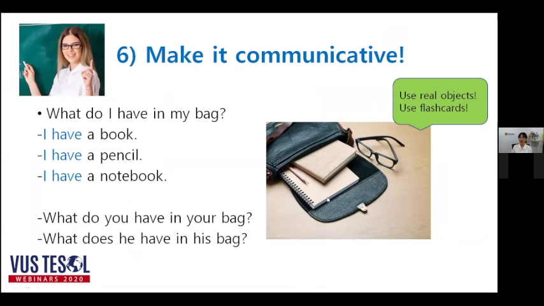So you can actually show your bag to your students and go through the things you have in your bag and say together with your students, I have a book, I have a pencil, I have a notebook. And then students can ask you, what do you have in your bag? And you can ask your students, what do you have in your bag?